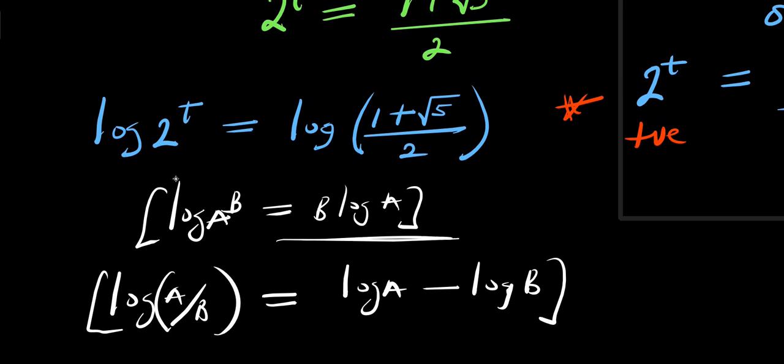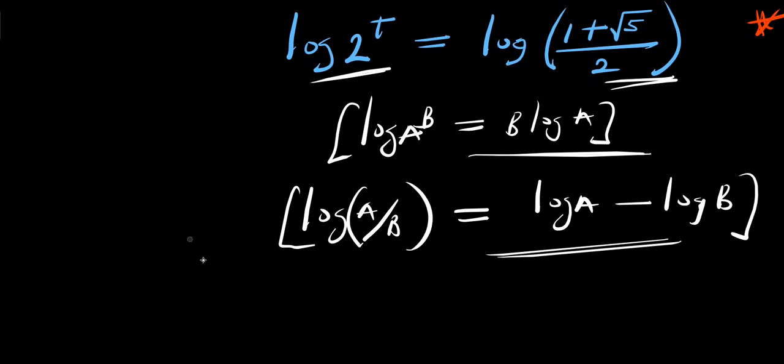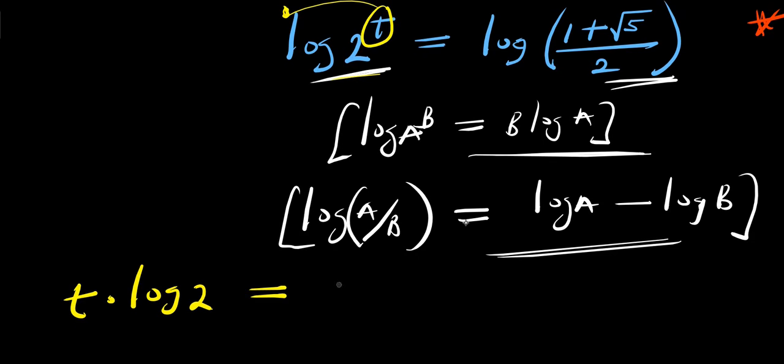We apply this identity right here, and we apply this other identity right here. So right now, let's apply the first identity here, that means the t comes in front of the log. So we are simply going to have t times log 2 equals, we apply this other identity right here.